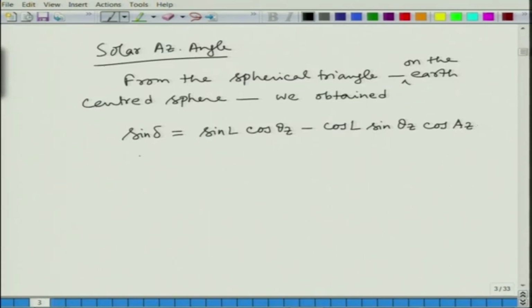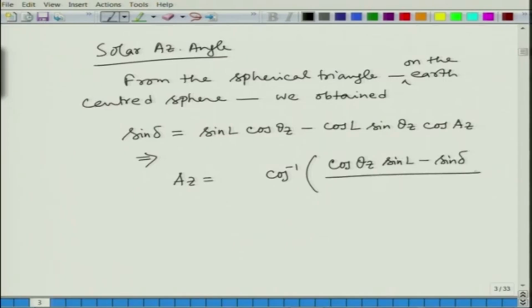Okay. So, this gives you an expression for the azimuth angle in terms of the other angles. Okay. So, what you can write, this AZ is cos inverse of cos of theta z sine of latitude minus sine of declination angle divided by sine of zenith multiplied by cos of latitude.